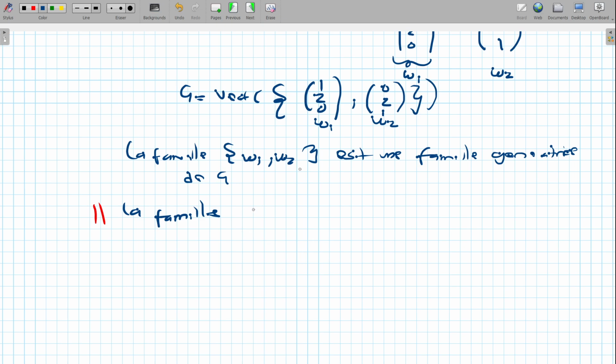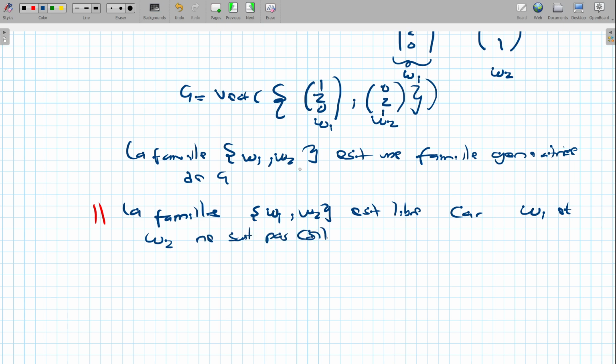Donc la famille W1, W2 est libre, car W1 et W2 ne sont pas collinéaires. They are not collinear vectors. So hopefully you remember these terms. We've been using these terms.